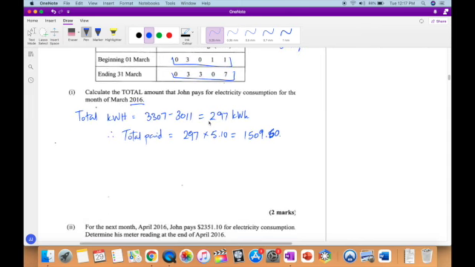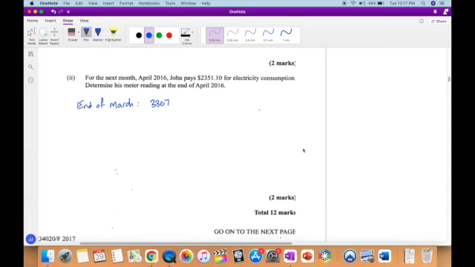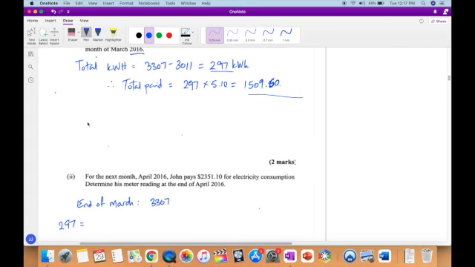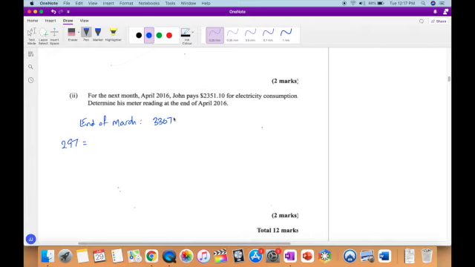Well, we know that 297 kilowatt hours will cost this amount of money. So I'm just going to put everything that I know. So 297 kilowatt hours costs $1509.60.